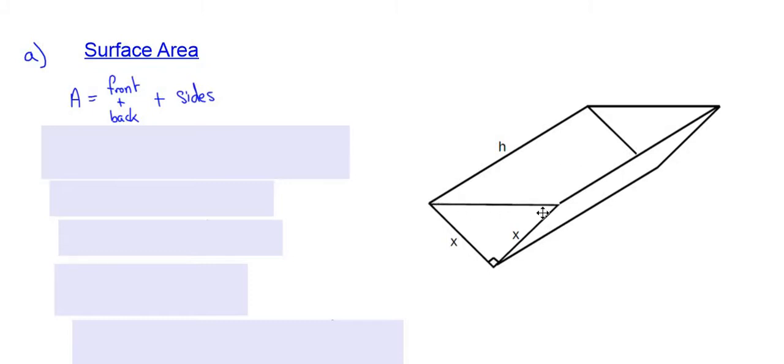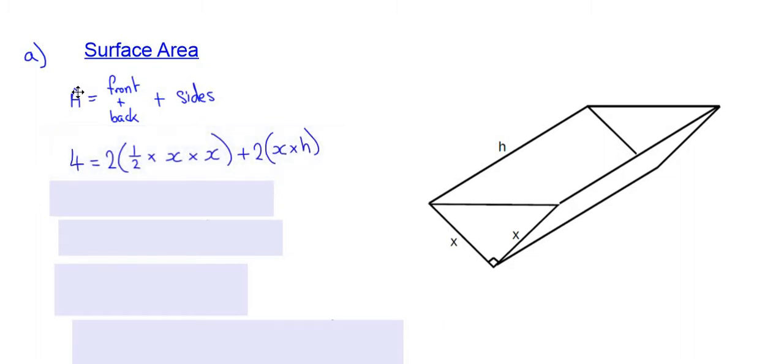A triangle is a half times height times base. So in this case, for this triangle, a half times the height, which is x, times the base, which is x, so a half times x times x. And for the rectangle parts, we'll have x times h, and we'll have 2 of those.